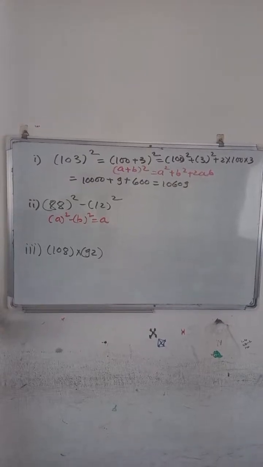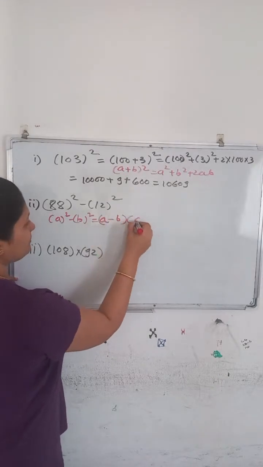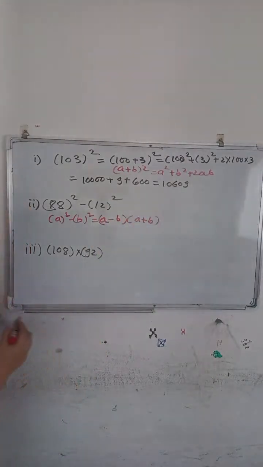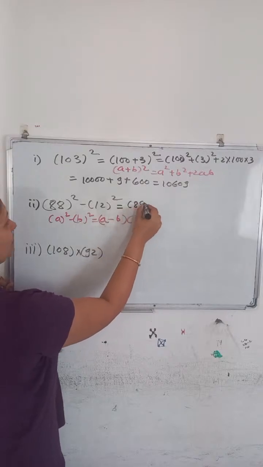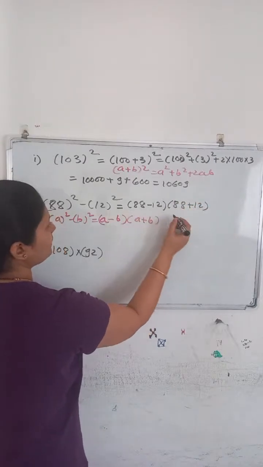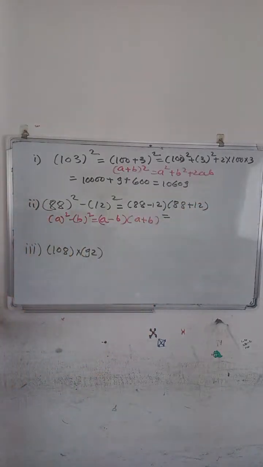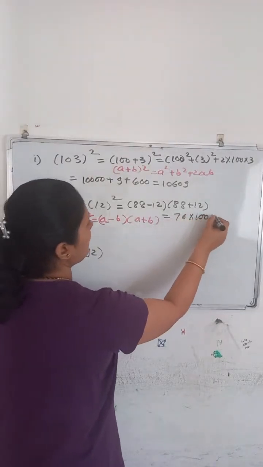So here we can write it as 88 minus 12 and 88 plus 12. 88 minus 12 is 76, and 88 plus 12 is 100.